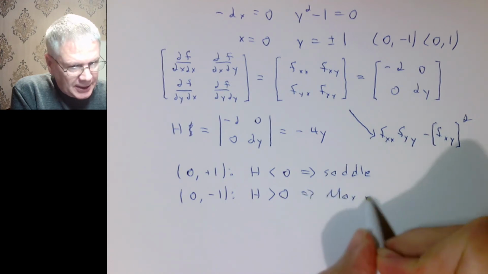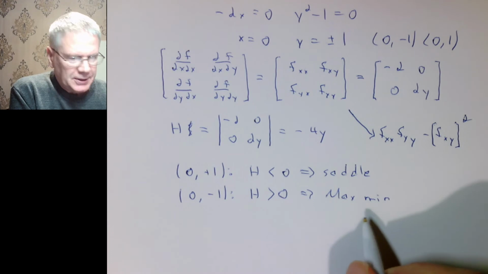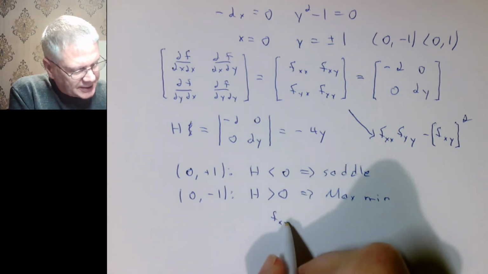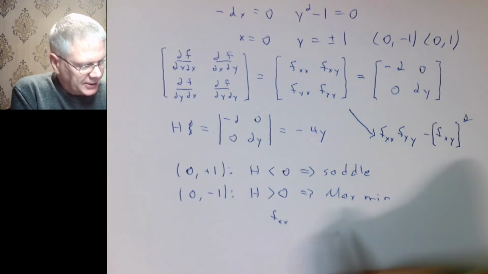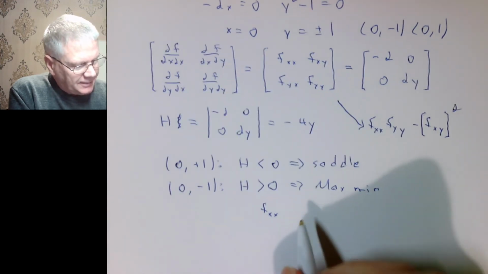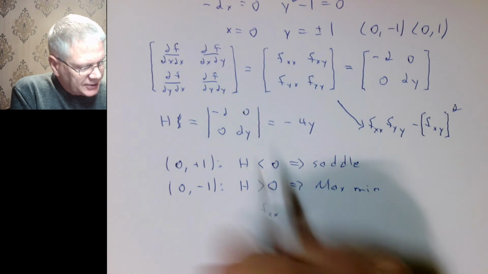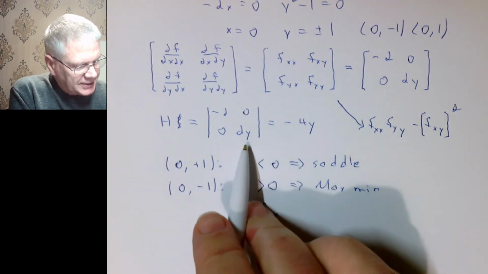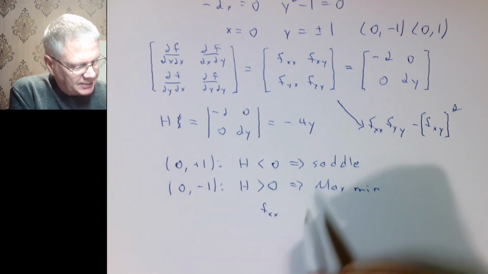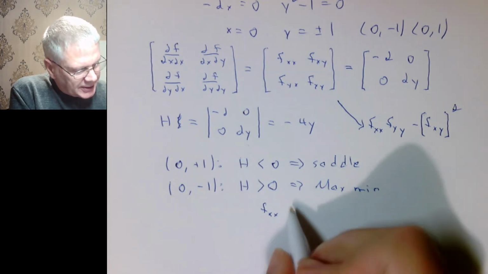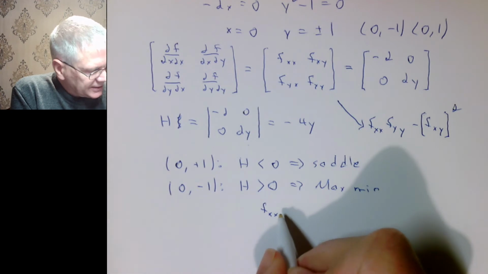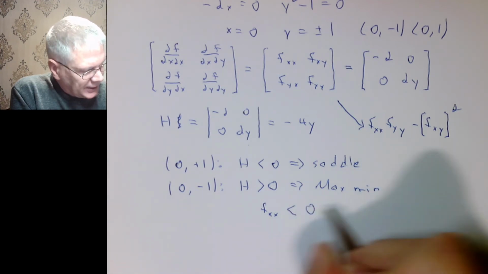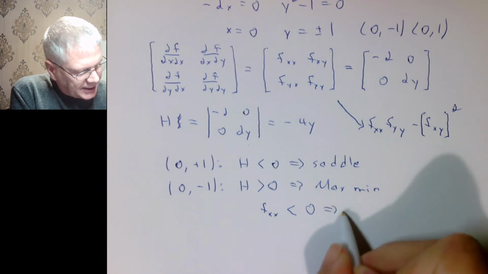maximum or a minimum, and I have to determine which one, and I do that by looking at fxx, and you can use fyy as well, but either way, fxx was this, which was -2, fyy is in this case 2 times -1 or -2. So fxx is less than 0, and that tells me that it's a maximum.